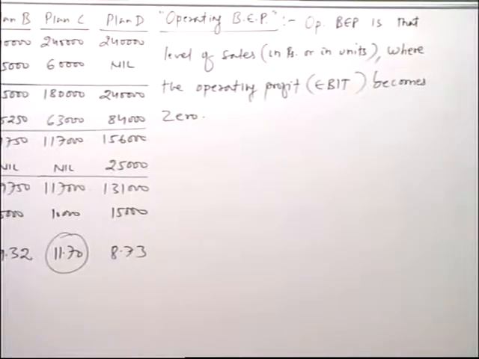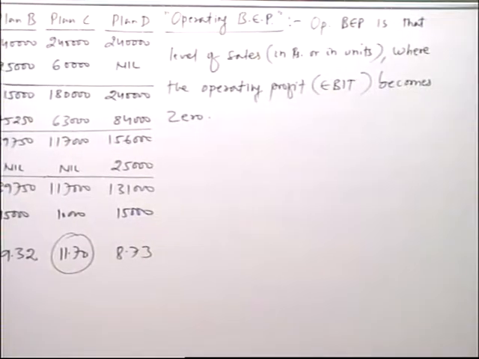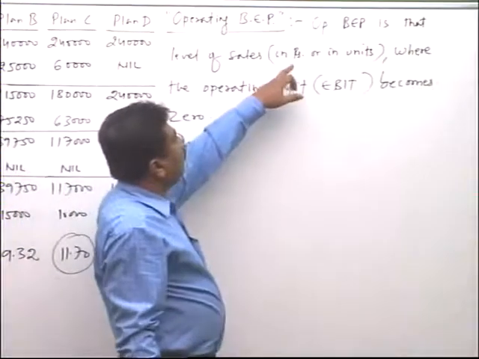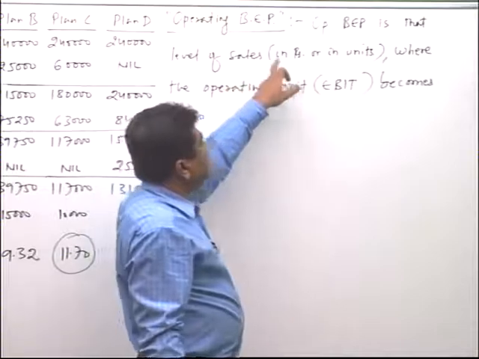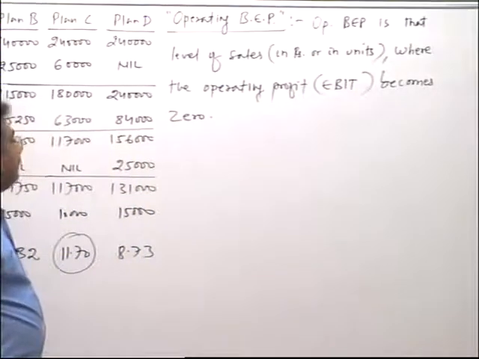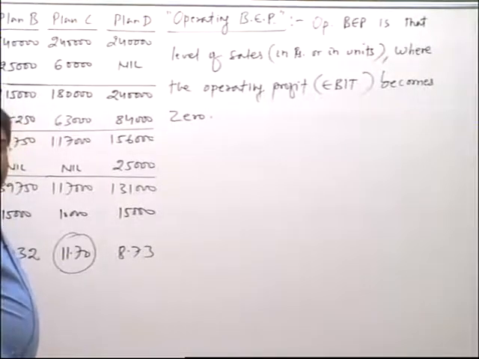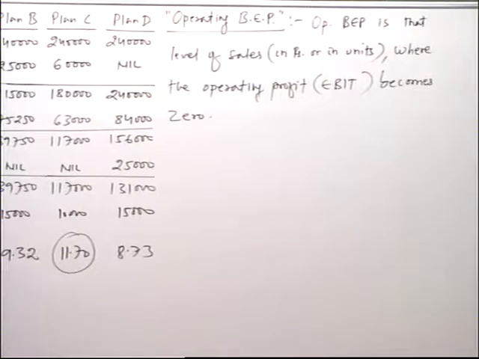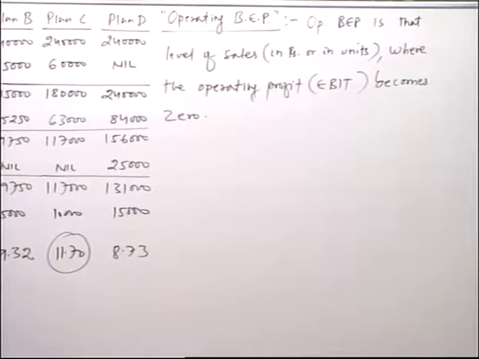Means that level of sales where the EBIT becomes 0 is called operating break-even point, and this operating break-even point is expressed in either sales in rupees or sales in units. Students, please write it down. Operating break-even point is that level of sales where the operating profit or EBIT becomes 0.